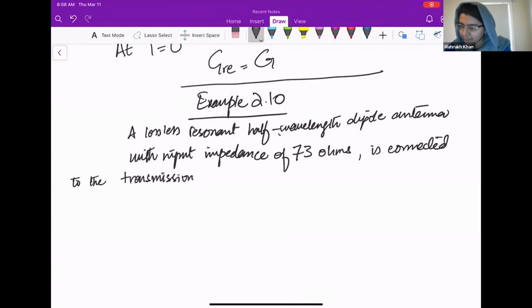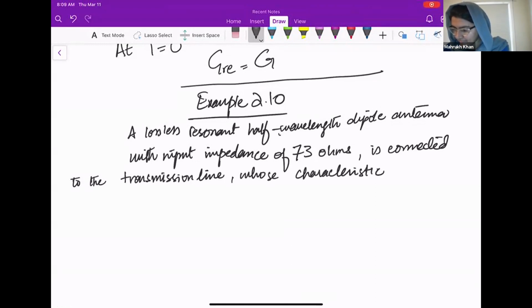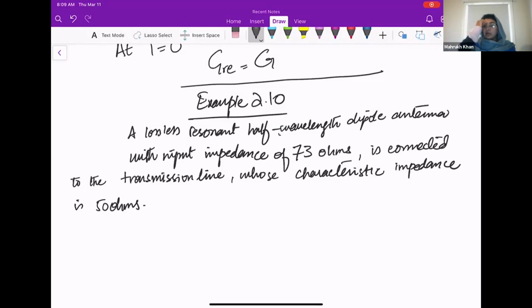So you can see that from the book. So these two impedances are not matched, right? 73 and 50. They are two different impedances.